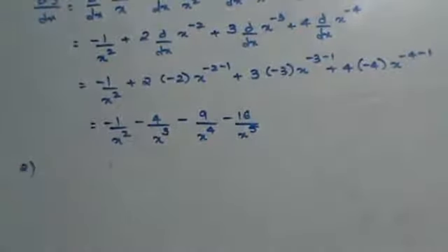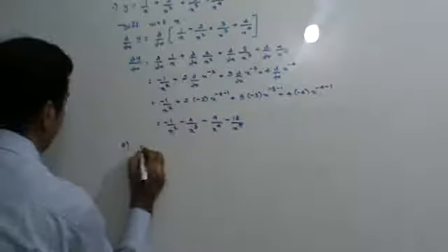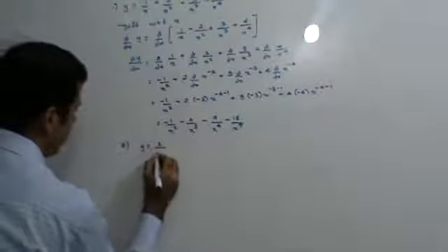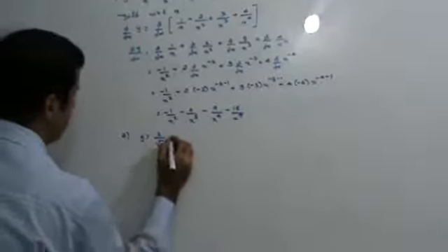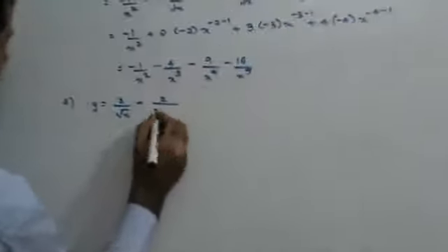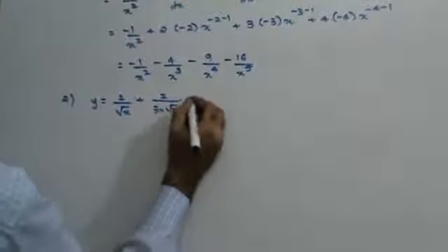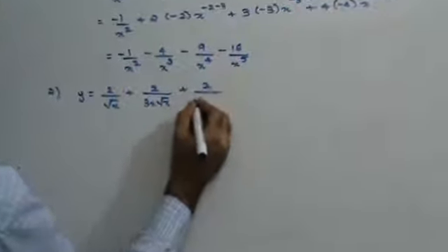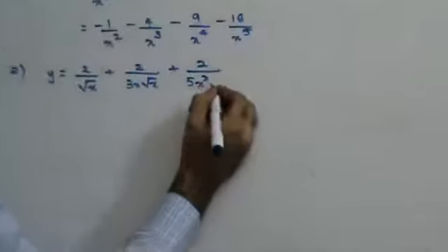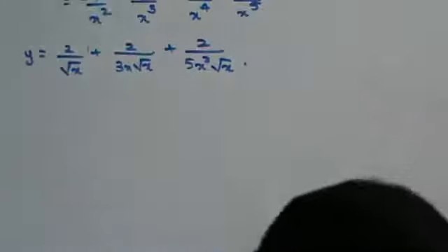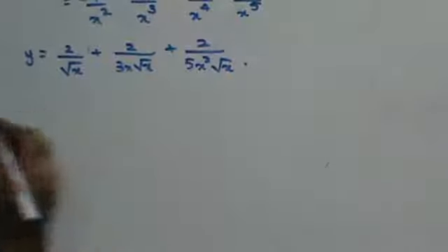Let's see another sum, guys. Y is equal to 2 upon root x plus 2 upon 3x root x plus 2 upon 5x square root x. Fine. Let's see the sum. Same thing that you did in the previous sum.